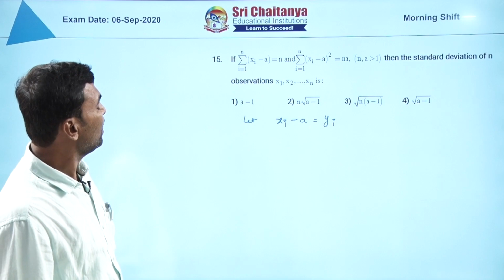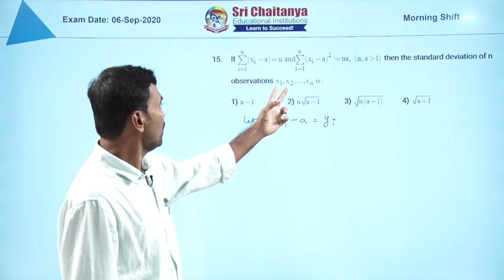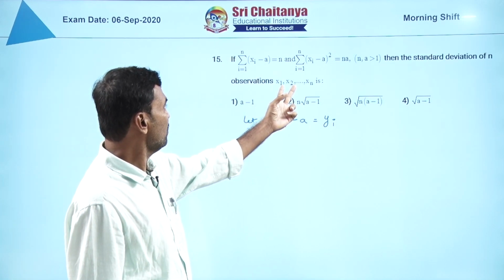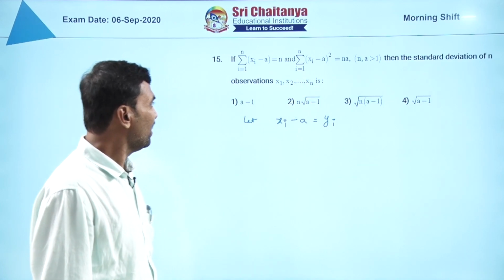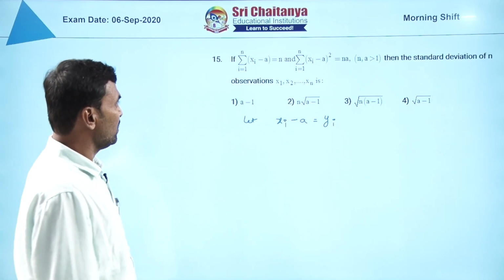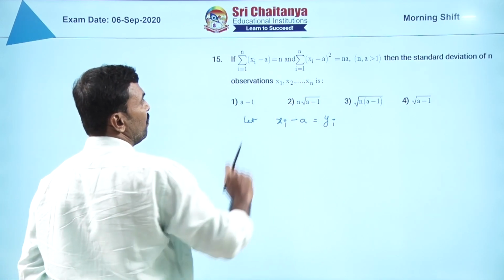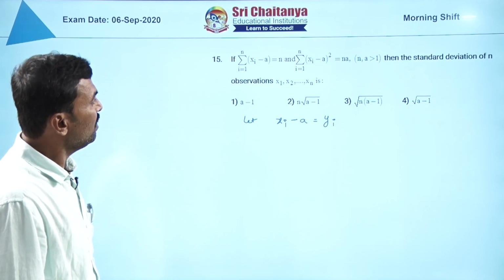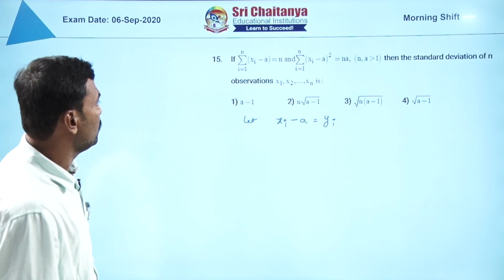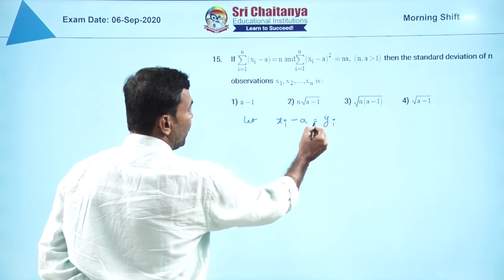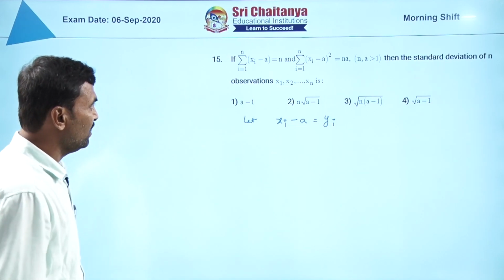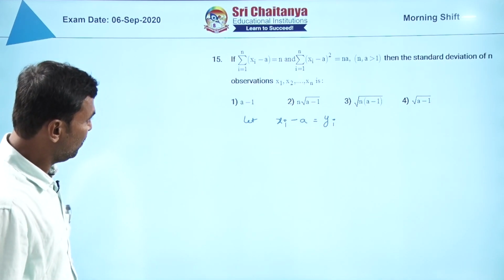So, finding the standard deviation for the observations x1, x2, ..., xn is the same as finding the standard deviation for the yi's. So, I am finding the standard deviation for the yi's, that will be our answer.